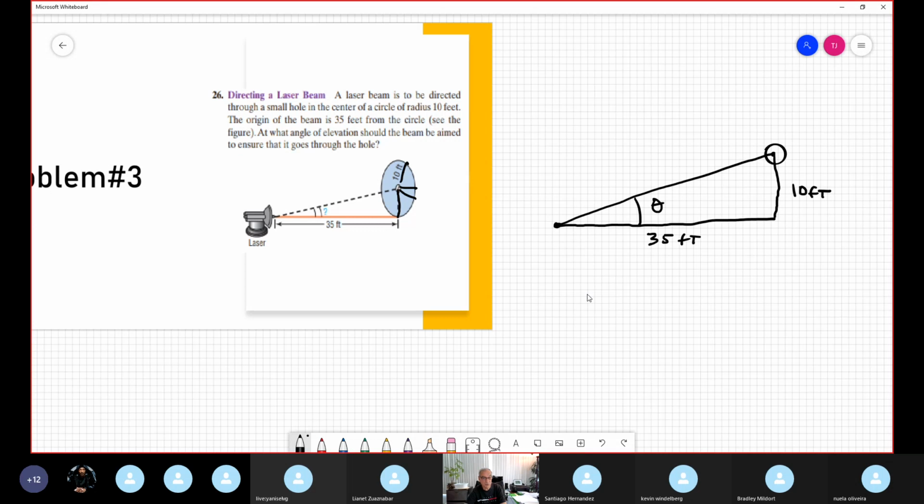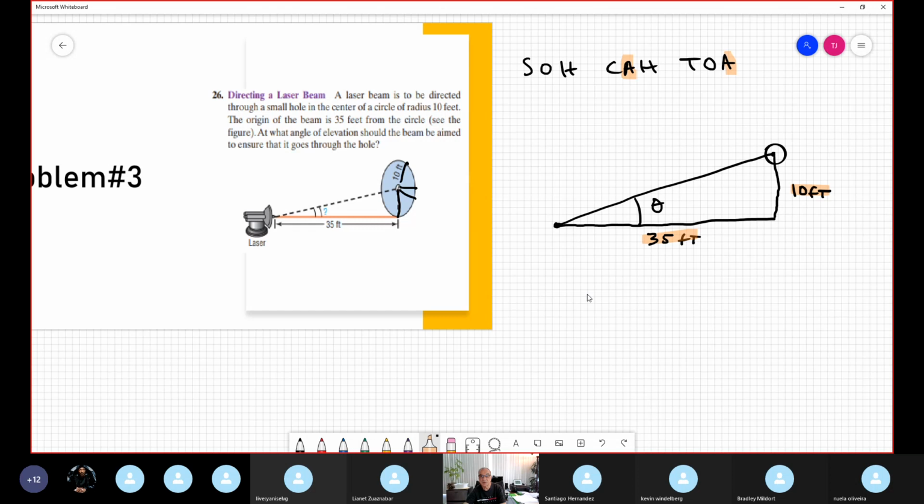What is, in your opinion, the most convenient trigonometric function that I need to use? Sine, cosine, or tangent? Okay, this information is adjacent.